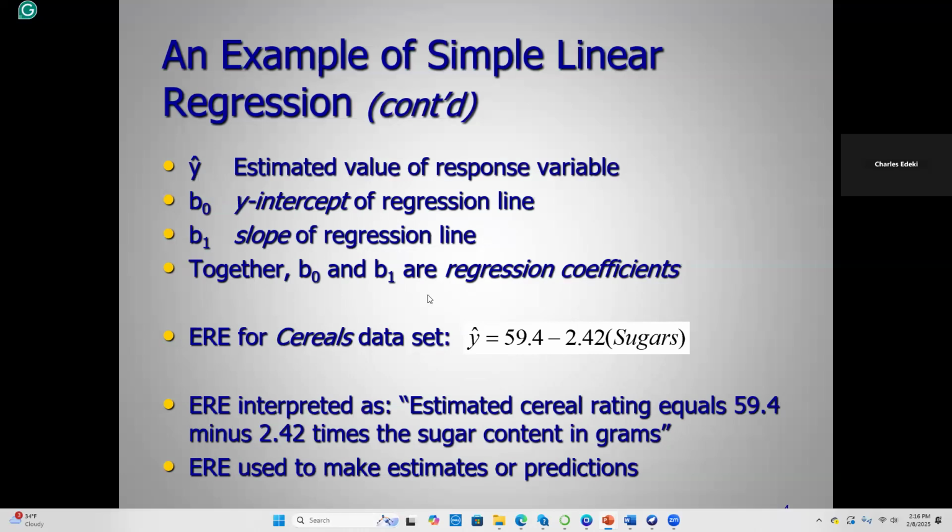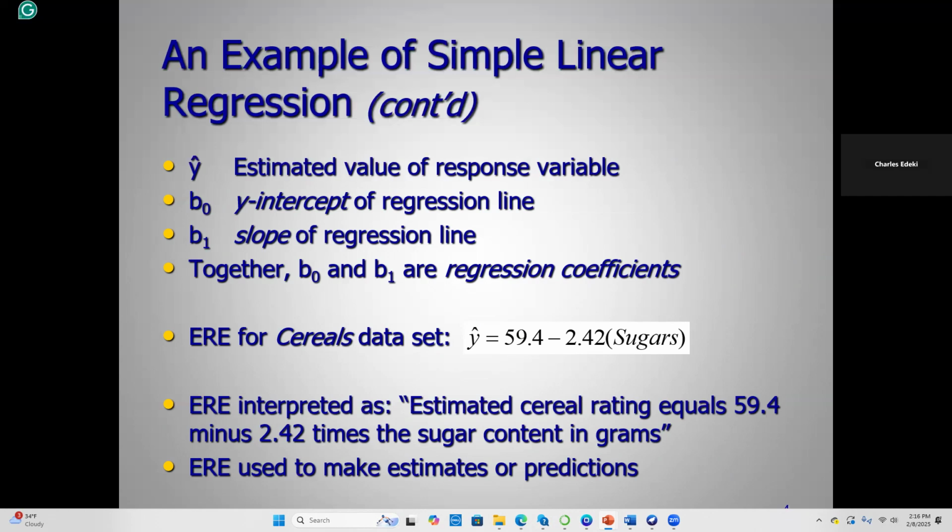Now, the data set is not here, but when we apply the data set, this is the equation we generate. We can even use Excel itself to do this if we have our data set. So the slope there is 2.42 times sugar.